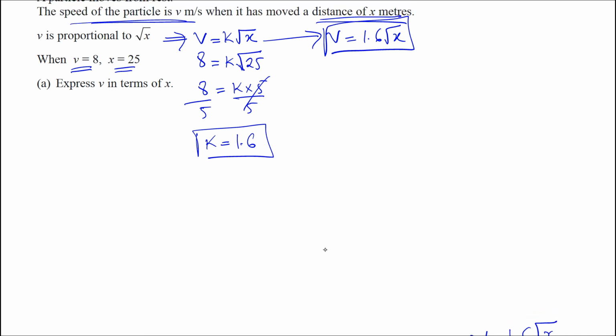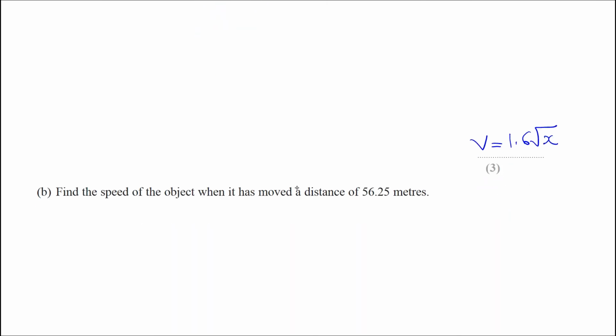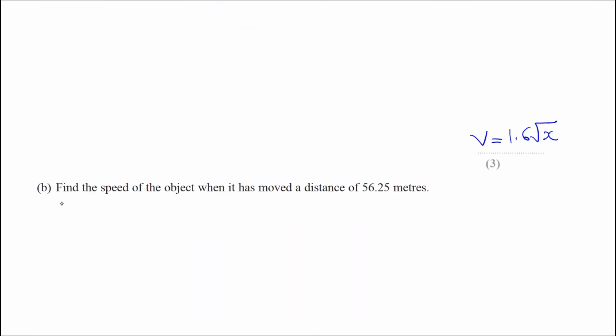All right, and then the next part is find the speed of the object when it has moved a distance of 56.25 meters. So find the speed of the object.